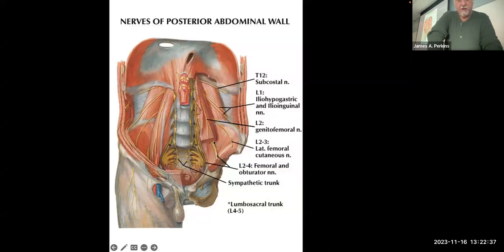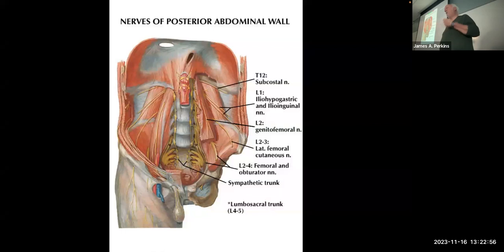The only thing that's the least bit tricky about finding the femoral nerve is that it's frequently hidden by the psoas major. What you need to do is just use your finger and bluntly dissect along the lateral border of the psoas major and lift up the psoas major a little bit, and you'll see this great big nerve sitting just posterior to the edge of the psoas major muscle. That's the femoral nerve.